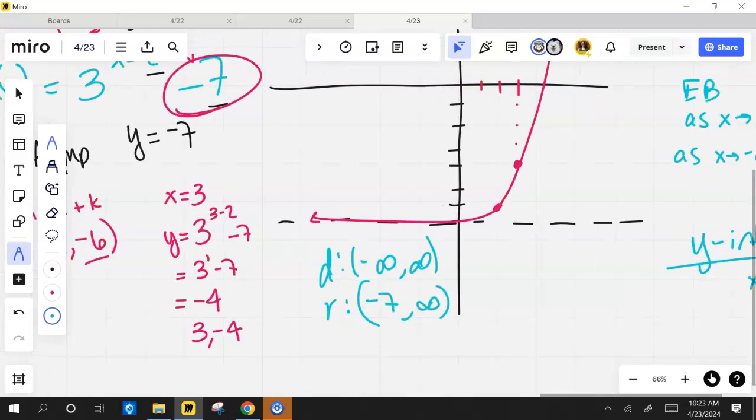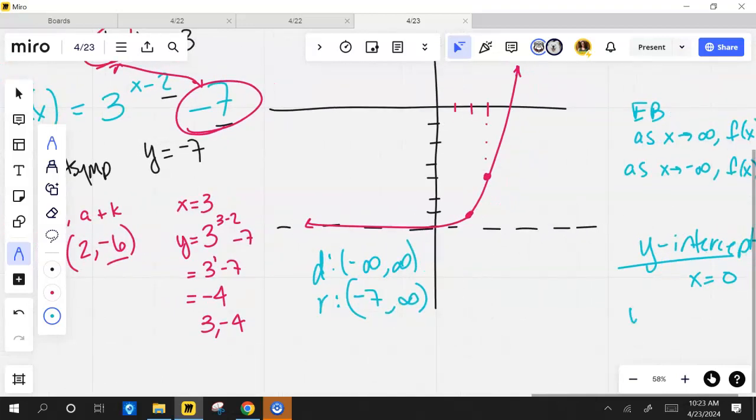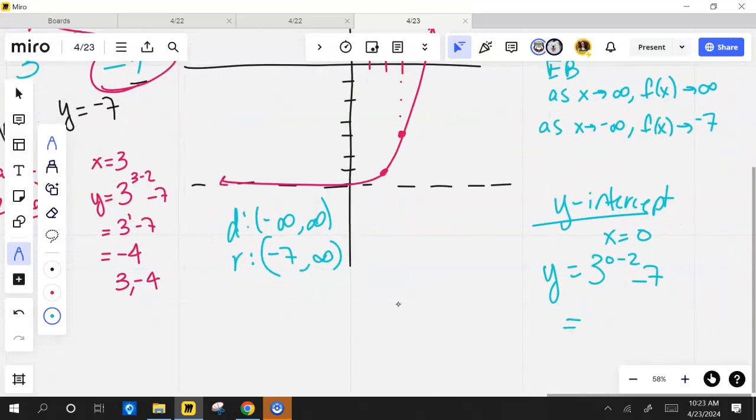So go back to that equation and go, okay, well then the y-intercept would be 3 to the 0 minus 2 minus 7. What happens with a negative exponent?